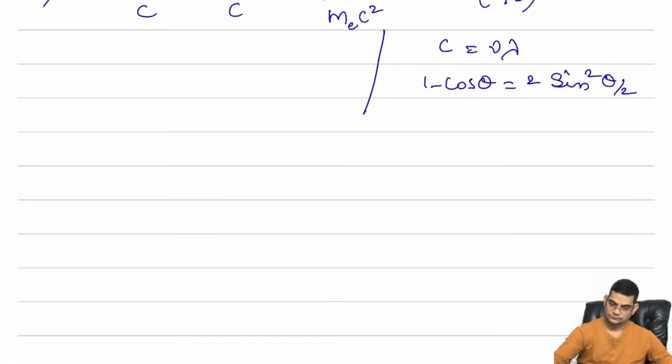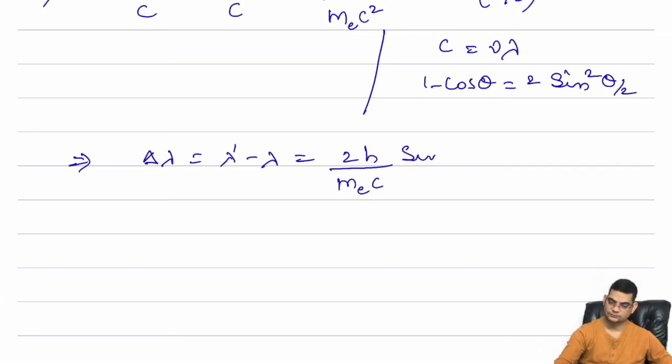Now that can be simplified to change in wavelength, lambda dash minus lambda, is equal to 2 times h by me c into sin square theta by 2, and this can be written as change in wavelength is equal to lambda c into 2 times sin square theta by 2.